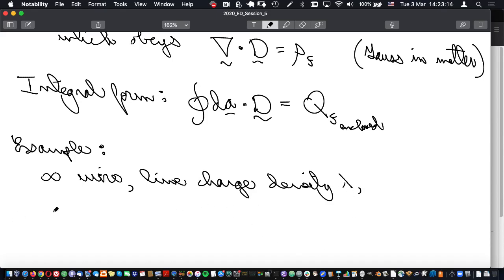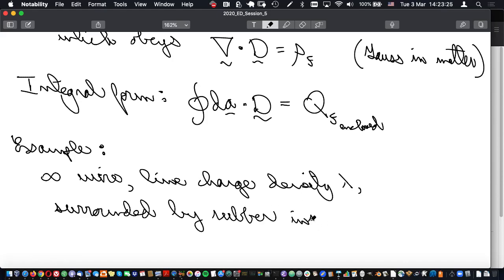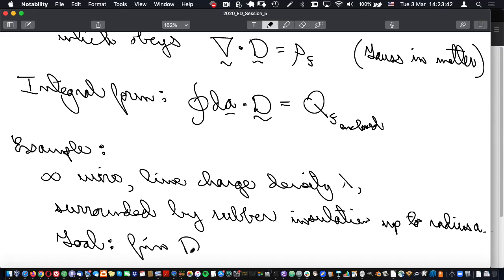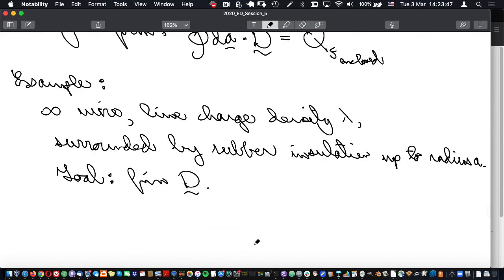And we will say that this is surrounded by some rubber insulation up to radius A. And the goal is to find the electric displacement. Okay, so rubber is a dielectric. It's a relatively poor dielectric, but nonetheless it is a dielectric.